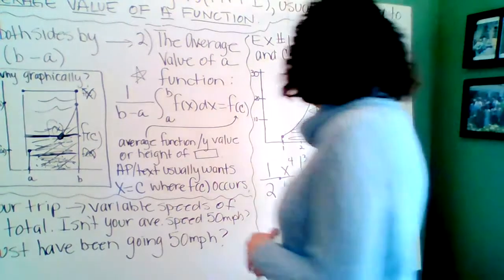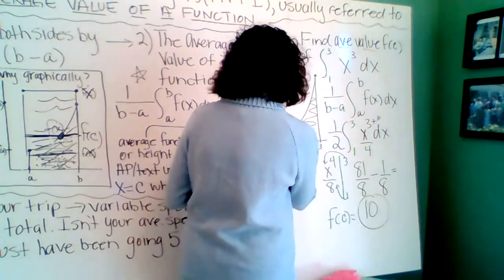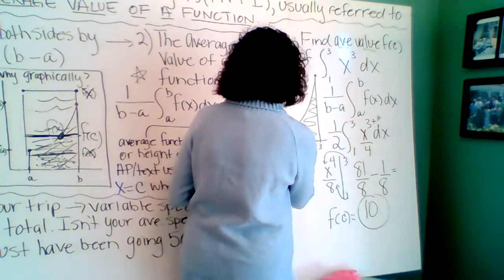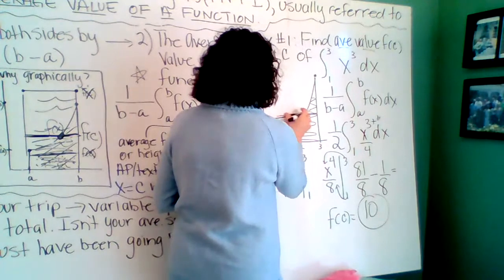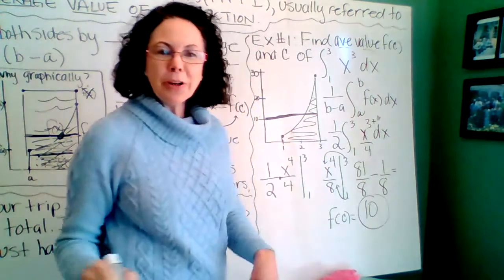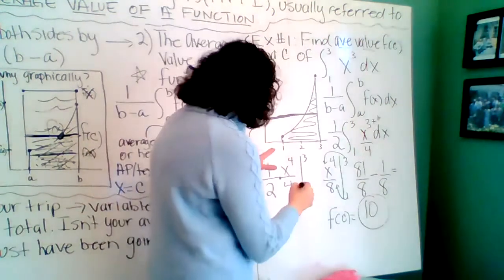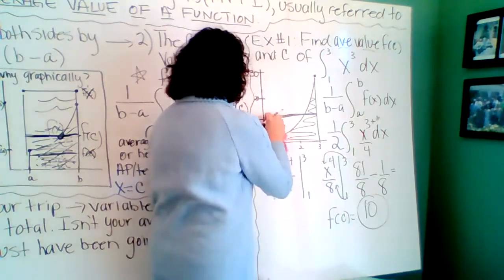This means if I drew, excuse my drawing, a horizontal line at 10, I'm going to go right across here, but only from 1 to 3, right? Take a look here.